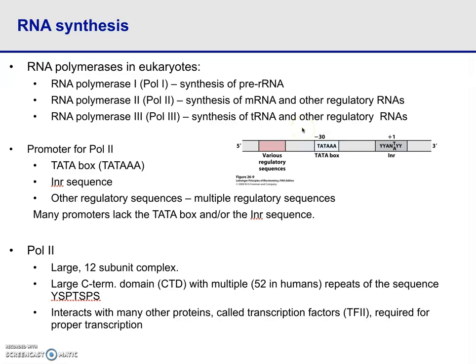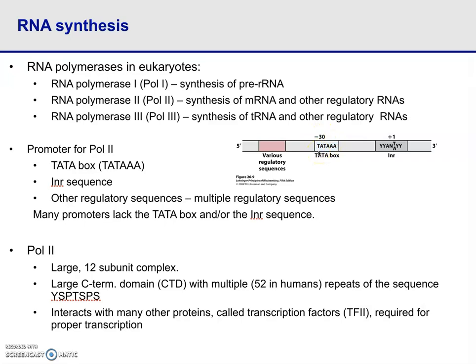The promoter for POL2, or for RNA polymerase in eukaryotic cells, is designated by a sequence. Well, one of the consensus sequences is the TATA box, or the sequence TATAAA, which is found usually about 30 base pairs upstream from the beginning of transcription.